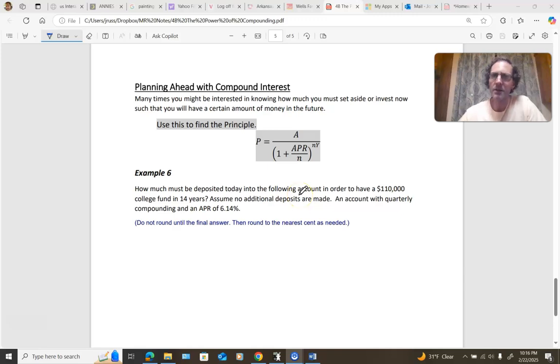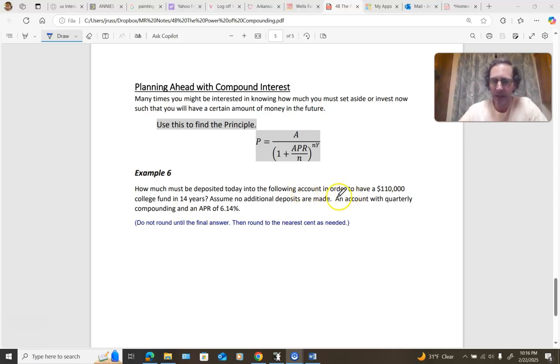So this is where this example is not real practical, because typically when you save up for something, you save along the way, right? You make deposits along the way. You don't just put a bunch of cash down and then forget it.